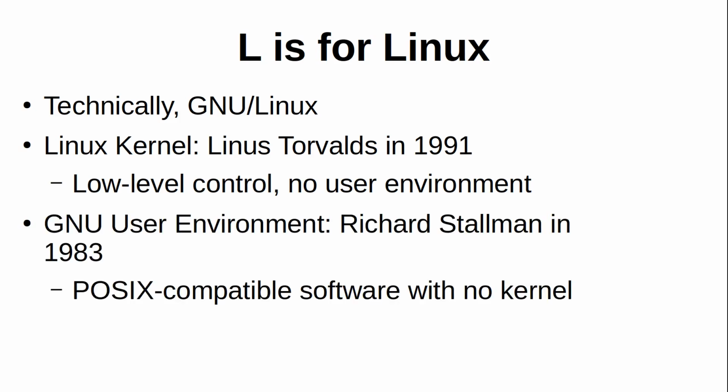But the good news is, going back to 1983, there is the GNU user environment, which was created by Richard Stallman. Now, you may know a little bit about Linus Torvalds and some of his eccentricities. Well, he doesn't quite hold a candle to Richard Stallman.